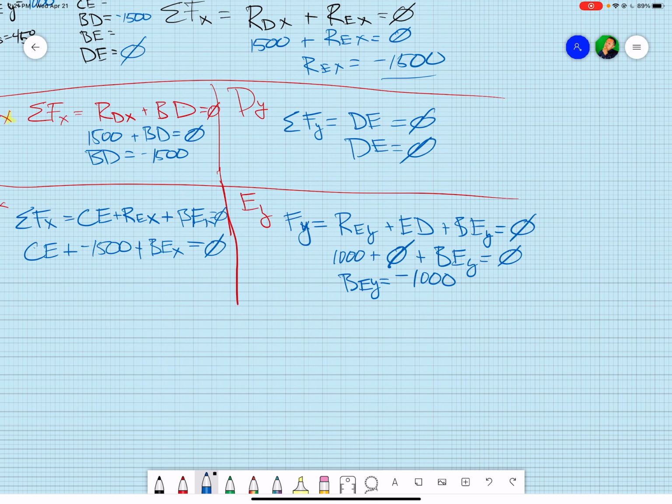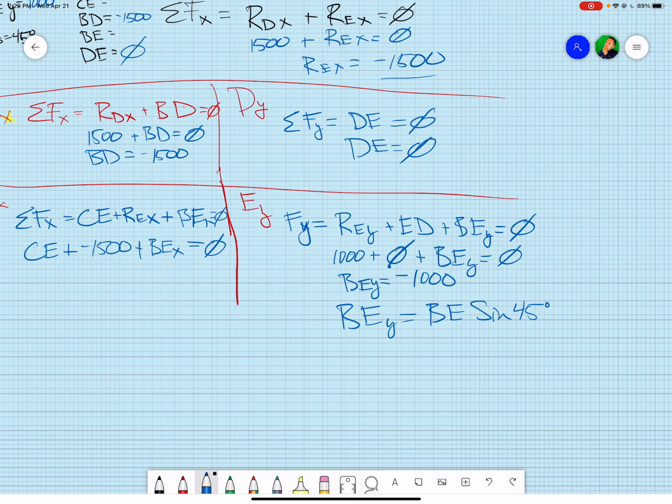We know BEY is negative 1,000, and BEY is also equal to BE times sine of 45 degrees.